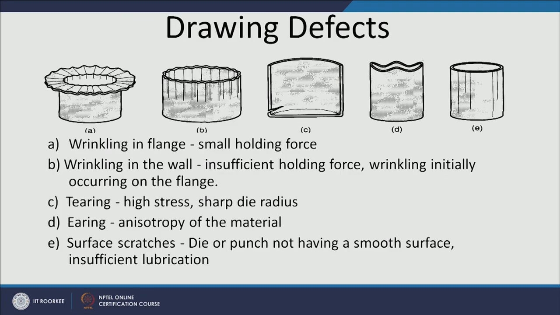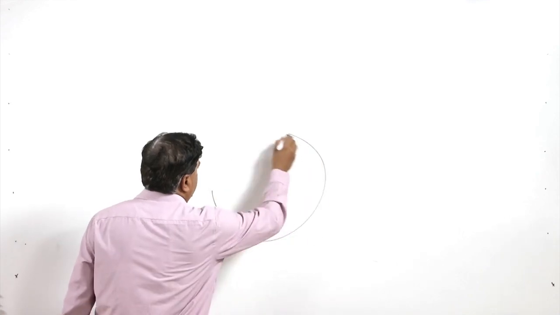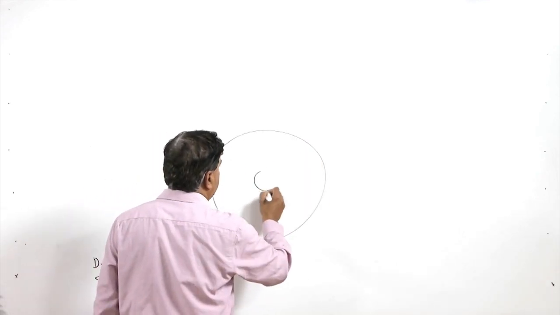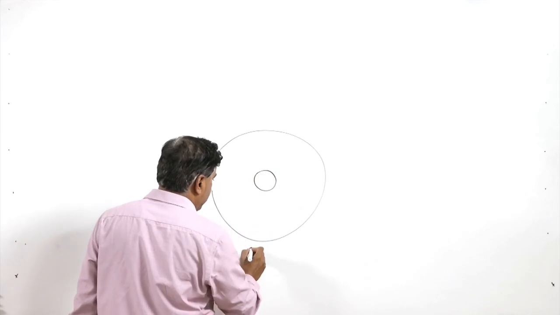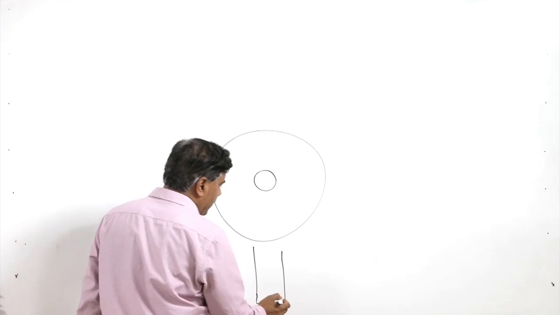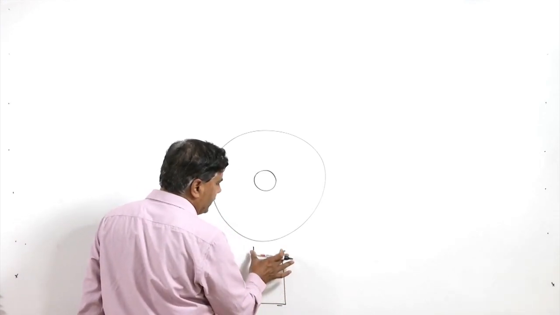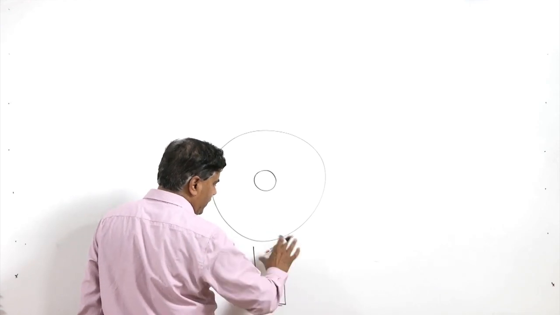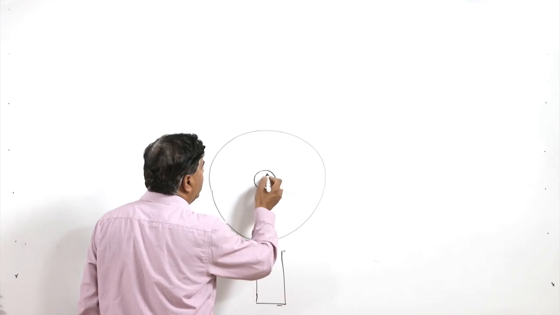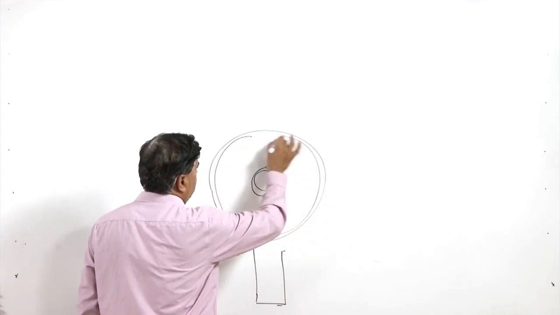If we see the drawing process, normally sheet metal of a larger diameter is used, and here we apply our punch, and finally it takes the shape like this. From the bottom of the cup to the top, the diameter is the same and it is cylindrical, but actually the material involved is less at the bottom and more at the top.